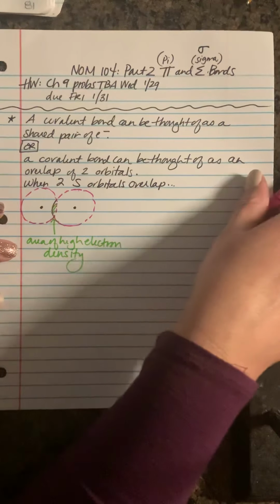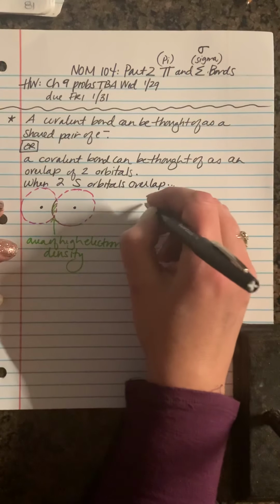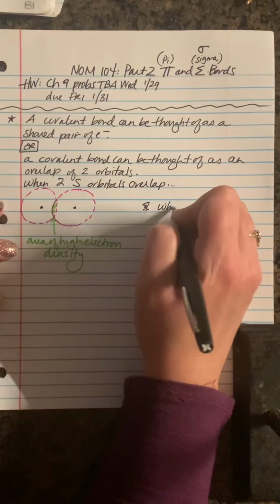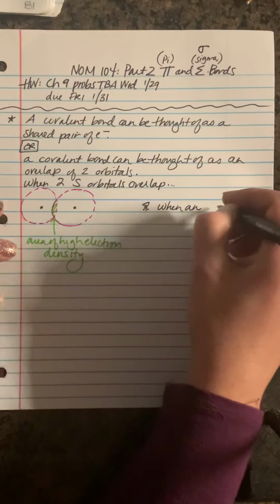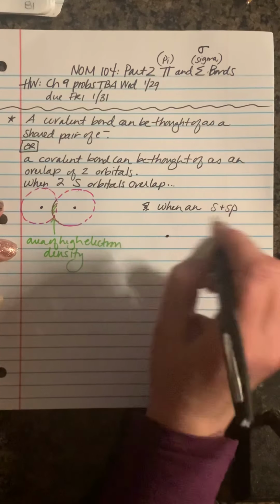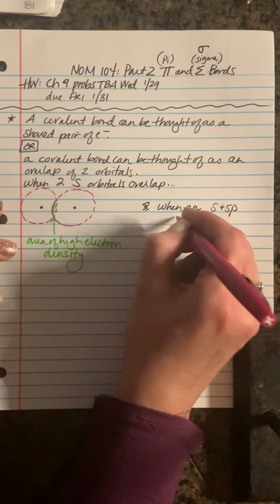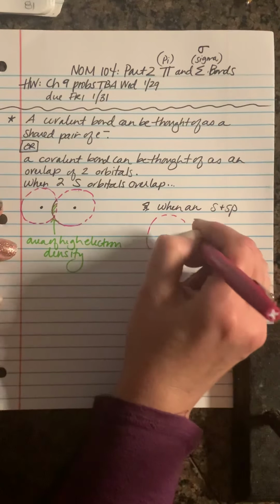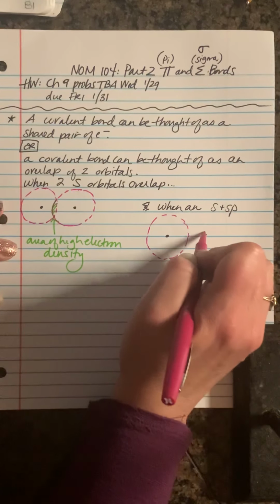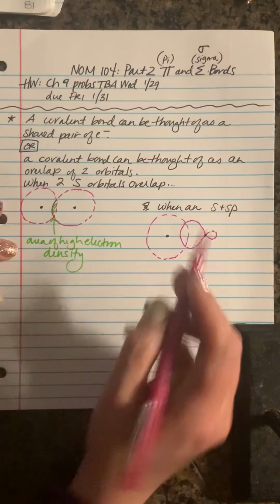Okay, and when an s and an sp orbital overlap, it would look like this. So we'd have our two nuclei, like so, and here's our s orbital, and then we know that an sp orbital has a larger lobe and then a little fishtail, right?